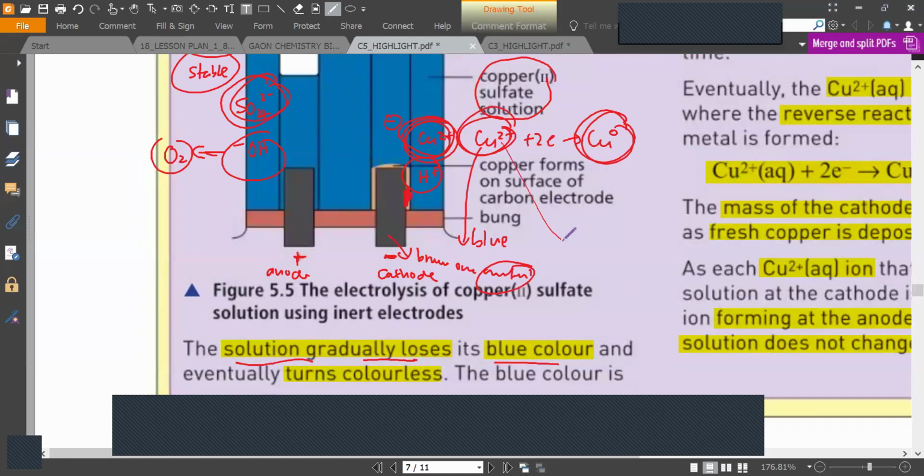So this copper ion is getting less and less, and we expect the blue color will turn colorless. Sometimes the exam question will ask you what you see, what you observe, any color change. So you need to understand that in this case, the blue color will be less and less because the copper ion is constantly being used up to produce copper metal.